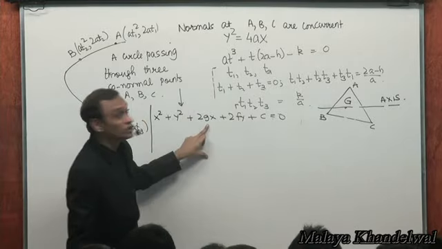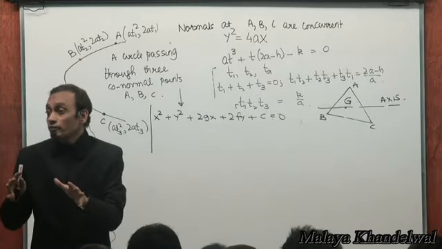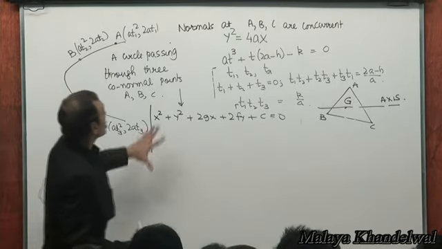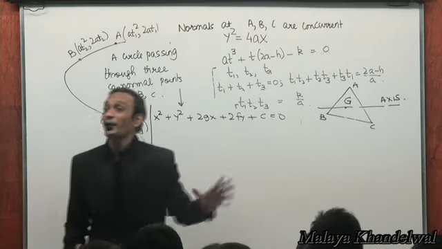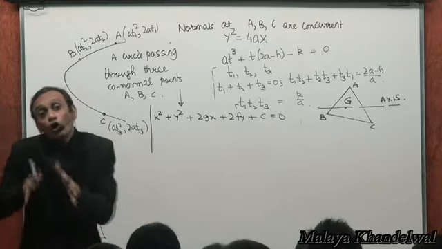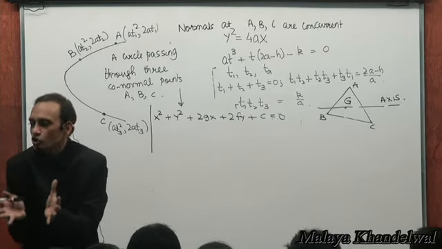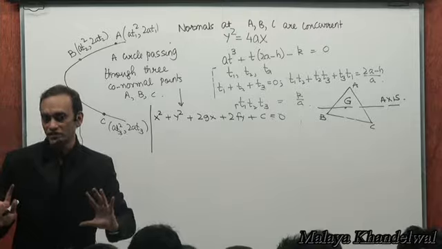When you solve these equations, you'll certainly get all the points of intersection between the parabola and the circle. You'll get all the xy's that lie on the parabola as well as on the circle. That means a point of intersection.